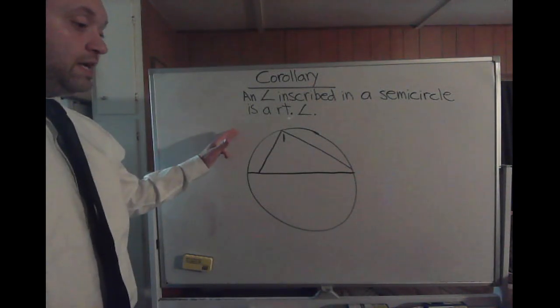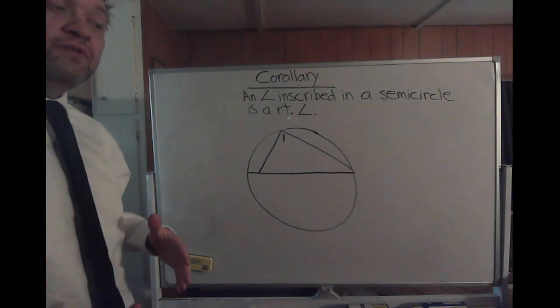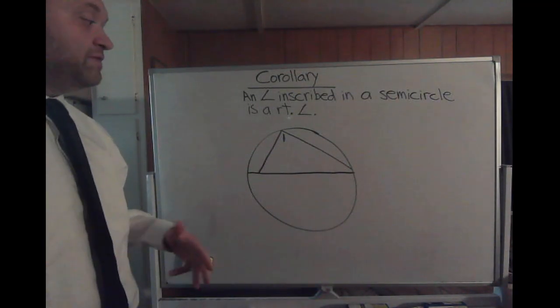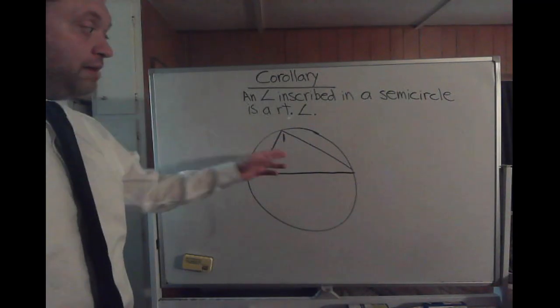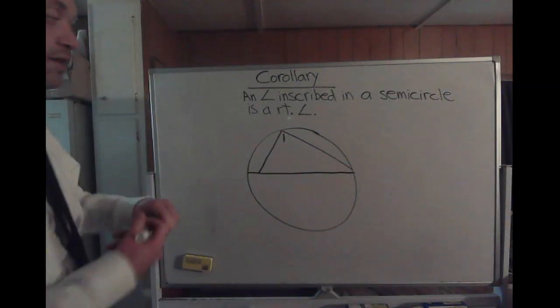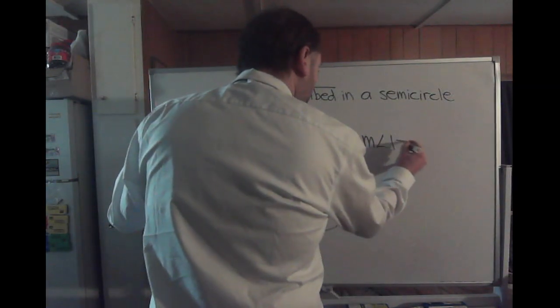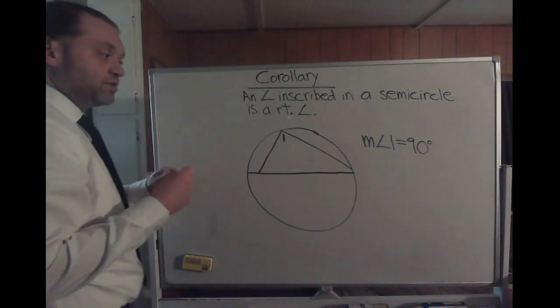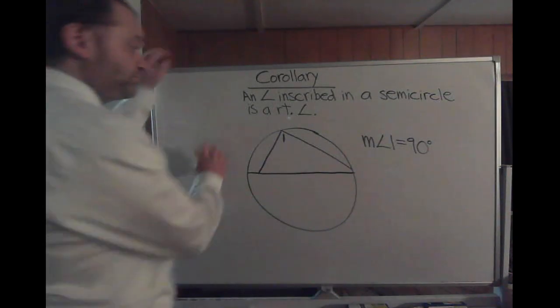We know an inscribed angle is equal to half the measure of the arc it intercepts. If it intercepts a 180 degree arc, it makes sense that the inscribed angle is 90 degrees. So the measure of angle 1 would be equal to 90 degrees, since it intercepts a 180 degree arc. That actually makes a lot of sense.